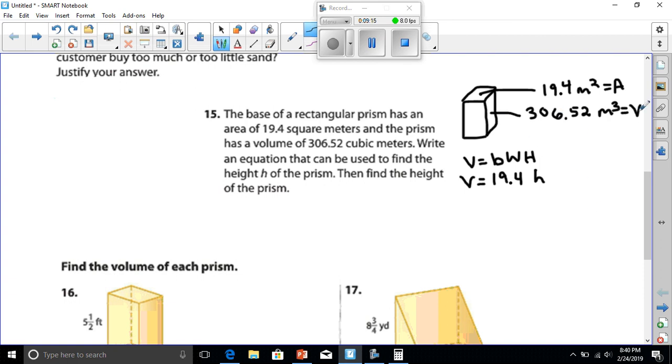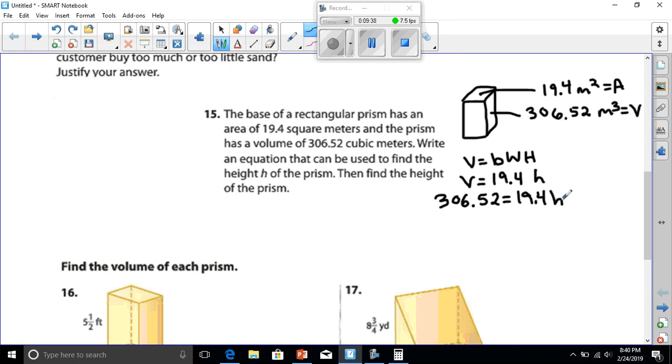Furthermore, because they gave us the volume, what they've really said is 306.52 equals 19.4 times the height. Well, this looks like a one-step equation to me, a multiplication equation.